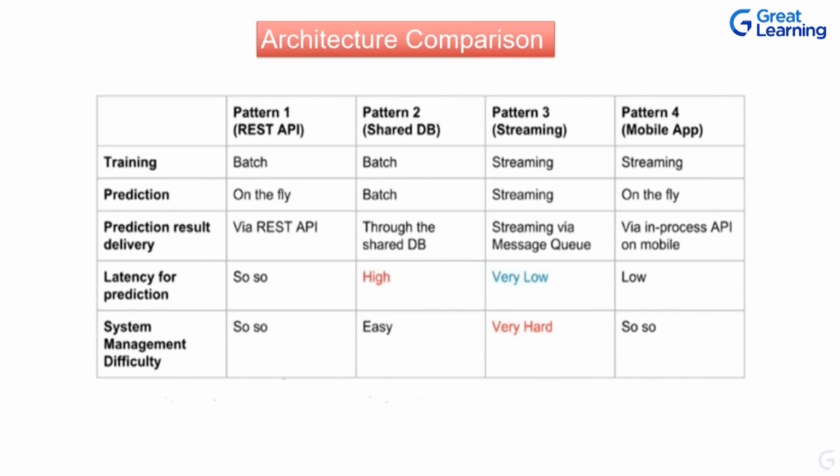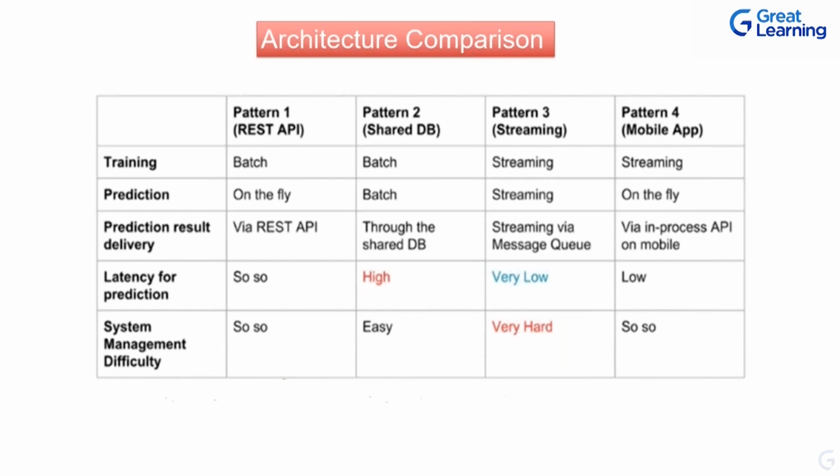Now, what will happen is maybe the batch frequency which is defined, maybe at the end of the day, maybe the next day, maybe in the middle of the day, all these input records are available in a shared DB. And why do we call it a shared DB? Because it's the same data set structure which has been used for training the model where we are keeping the new records which come in.